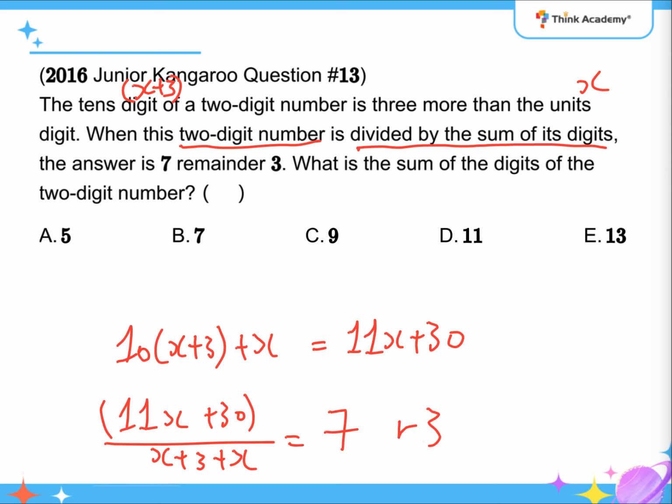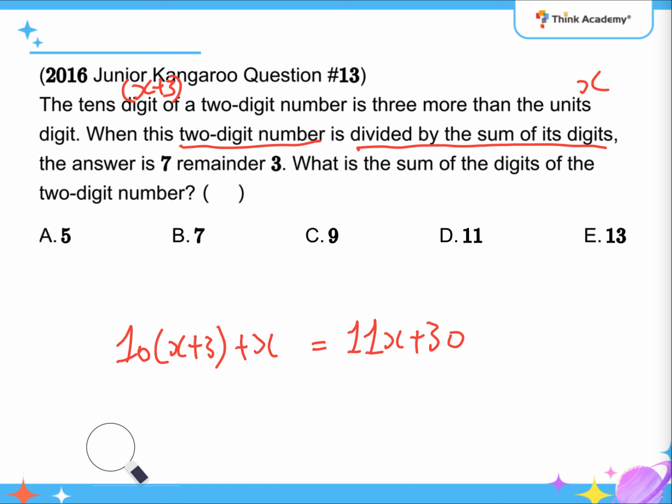So how do I get rid of the remainder of 3? Basically, I can just remove 3 from the original number. So it means that I have 11x adding 27.